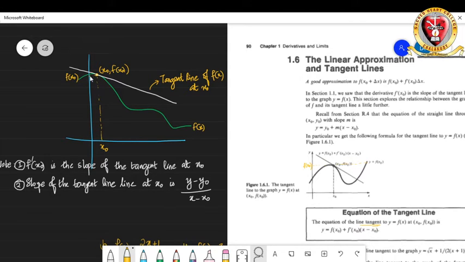The tangent line of the function f of x at x naught is nothing but the line which passes through the ordered pair x naught, f of x naught, and this line passes only through this point of the curve.